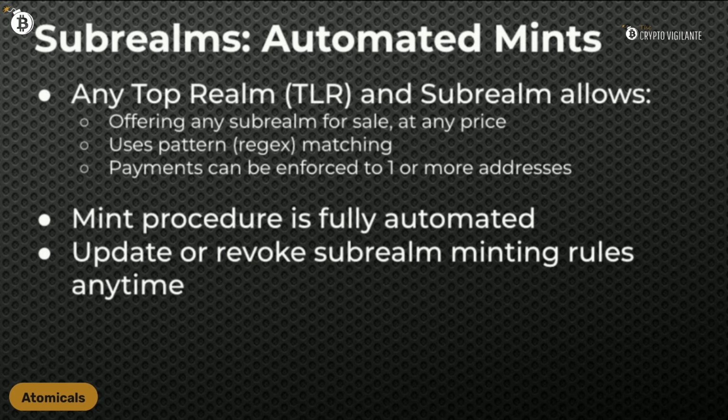You can open it up and just sell subrealms that begin with the letter A, or a set list of names that are available. You might have a group or a clan that you want to form, and there might only be maybe 100 different characters or roles that you want to make available. Well, you can specify that, each have their own price point, or you can leave it open, and you can disable it later as well.